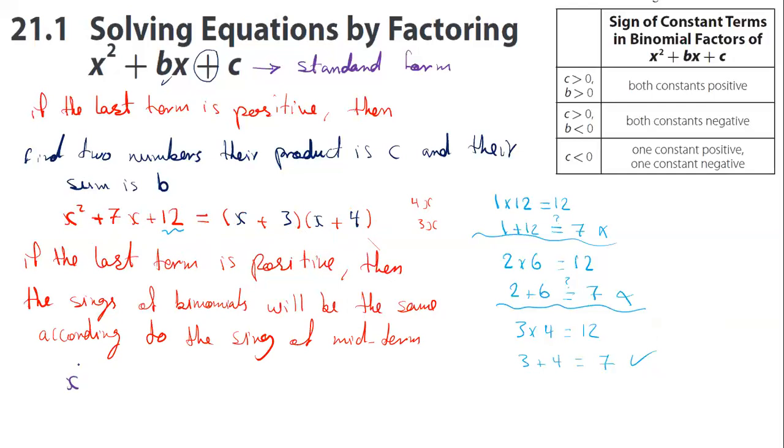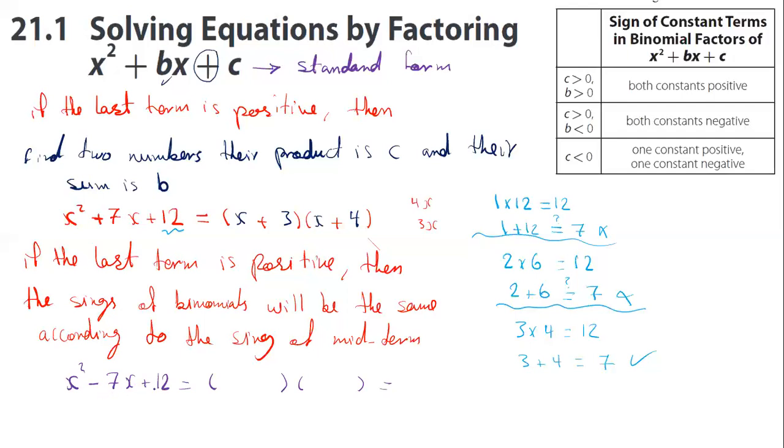I will give you another example with a different sign: x squared minus 7x plus 12. Ask yourself, we have to factorize this one. What is the sign of the last term? Positive.